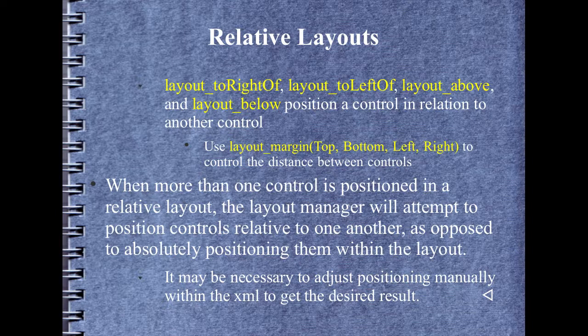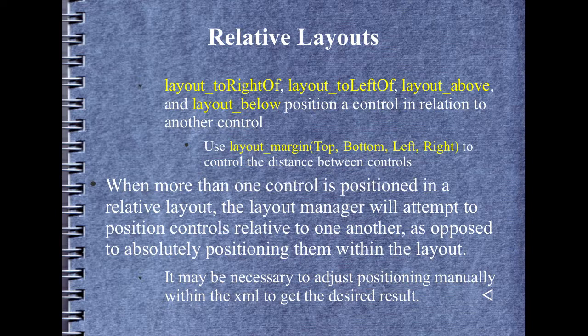When we have more than one control positioned in a relative layout, and I really should say, as relative layouts get more and more complex, then the layout manager is going to attempt to position them relative to one another as opposed to positioning them within the layout. There will still be at least one control that's anchored to the layout, but the rest of them kind of will float around with relation to one another.